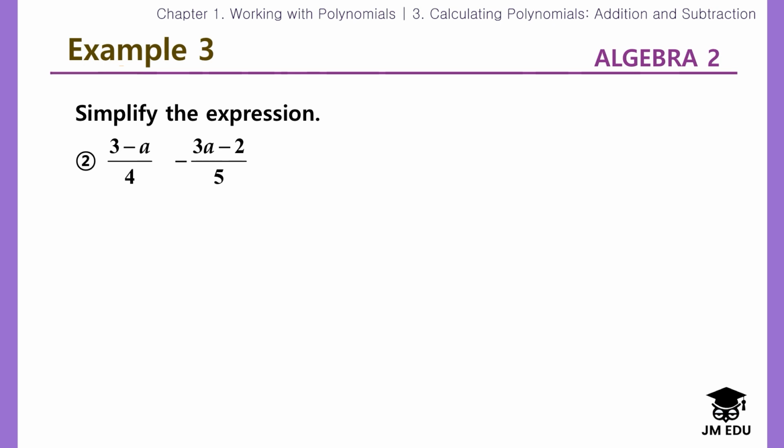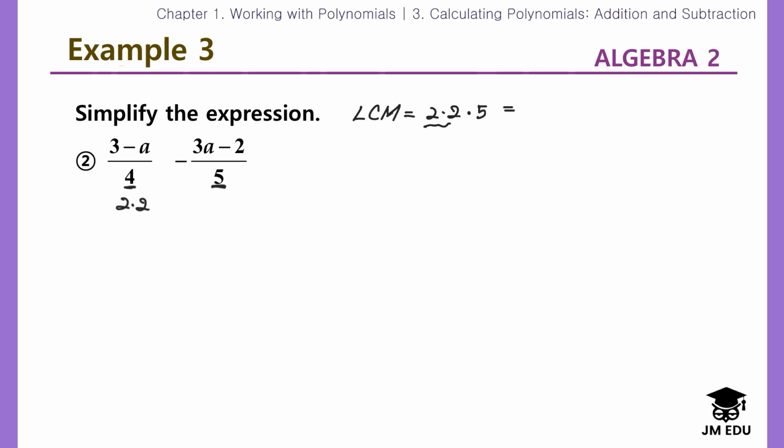Okay, for number 2, let's find the common denominator, the least common multiple. Okay, denominator 4, that's 2 times 2. 5 is a prime number. 5 is just a 5, right? So the least common multiple of these 2 denominators must have at least two 2's and one 5.